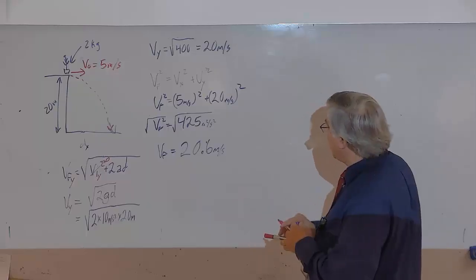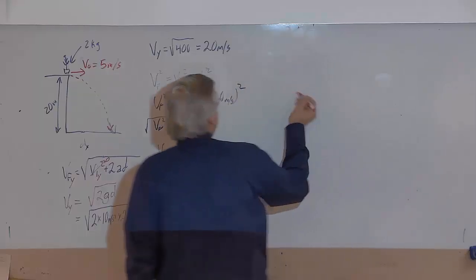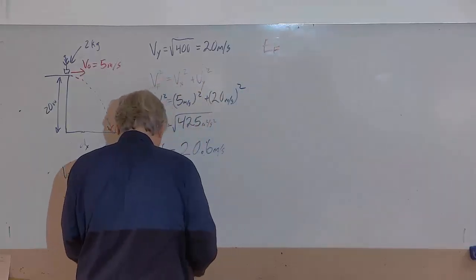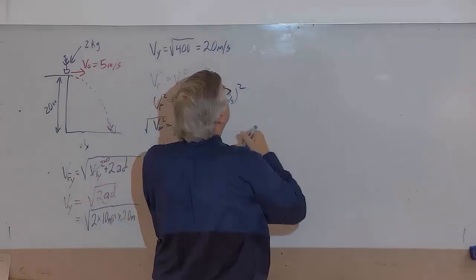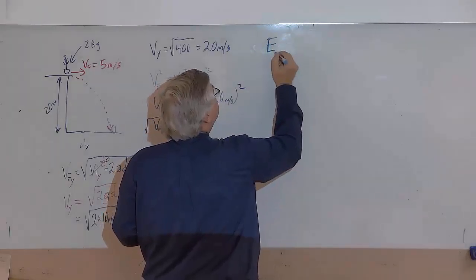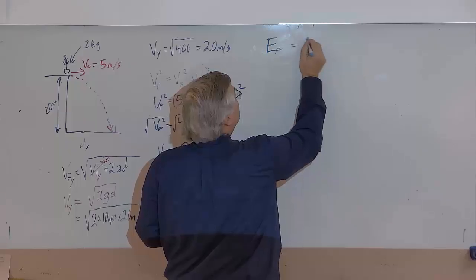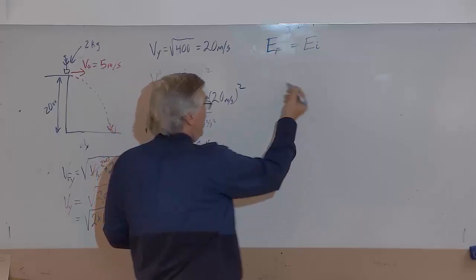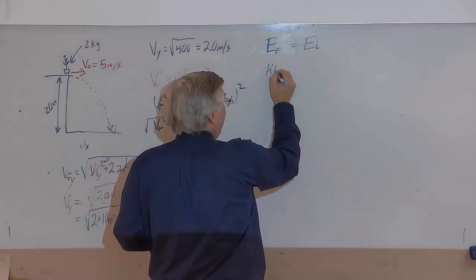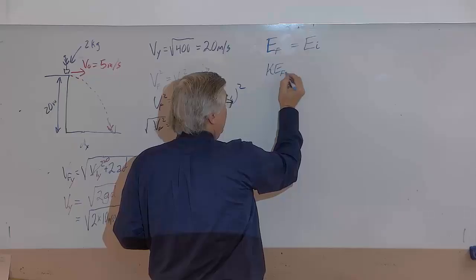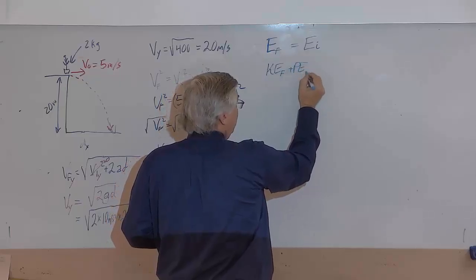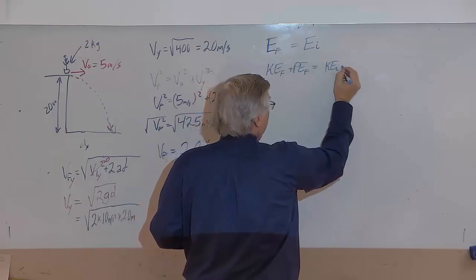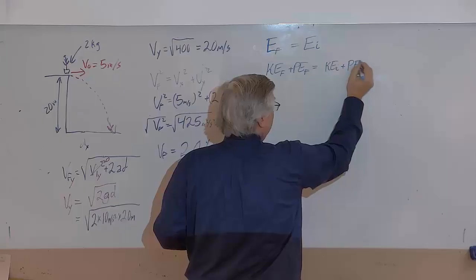So what about energy? For energy, I know that the final energy is equal to the initial energy because energy is conserved. And each of those has components. So we have KE final plus PE final is equal to KE initial plus PE initial.